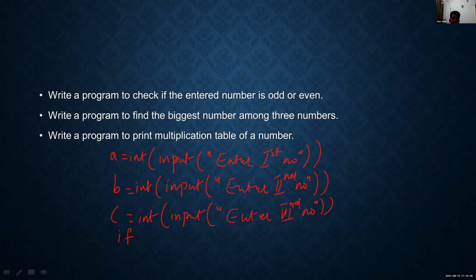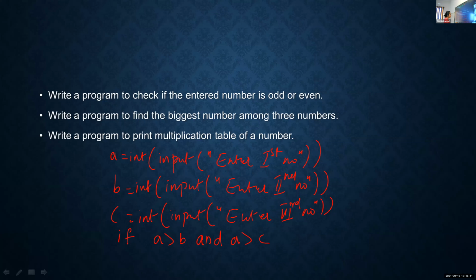A greater than B, yes. Between those two conditions, we want to connect them using AND. So A greater than B and A greater than C. Then only we can say that A is bigger.